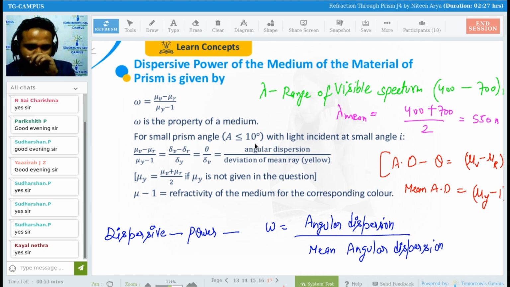Clear, na? Because in between, in the mean, what do we have? We have only and only this thing. What thing? Yellow color. Okay, so you can define this in two ways. Either angle of deviation or this, what we find in this way.